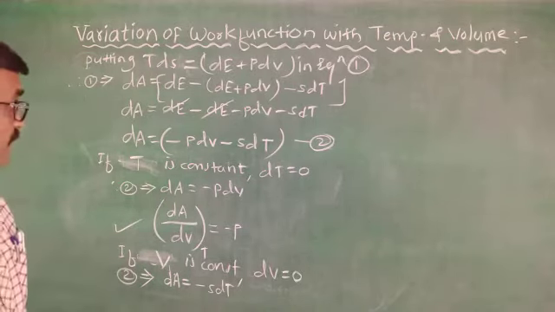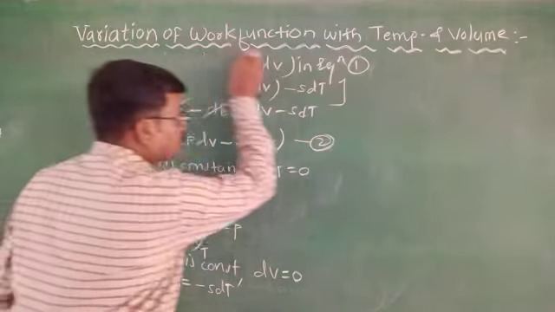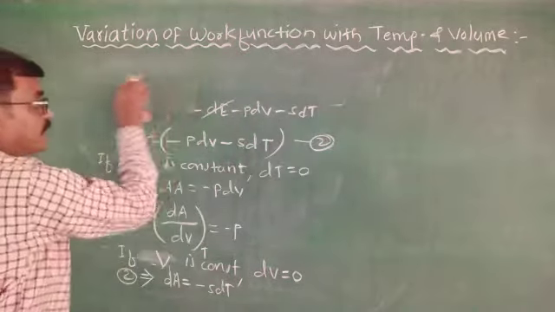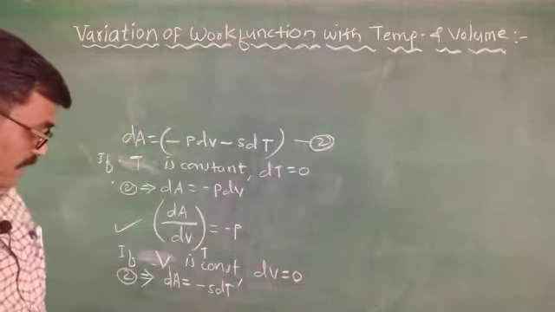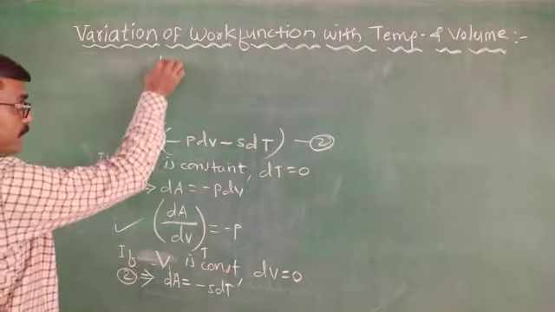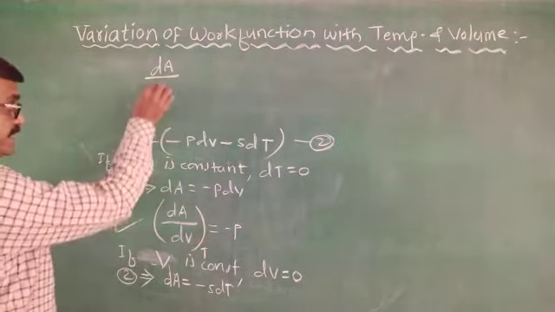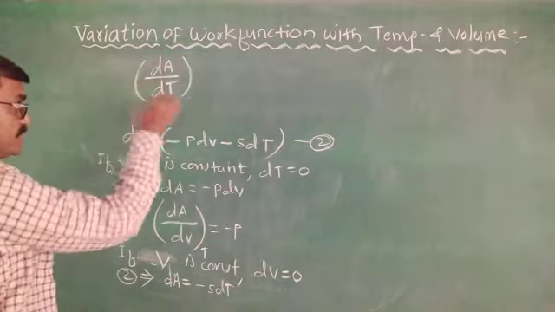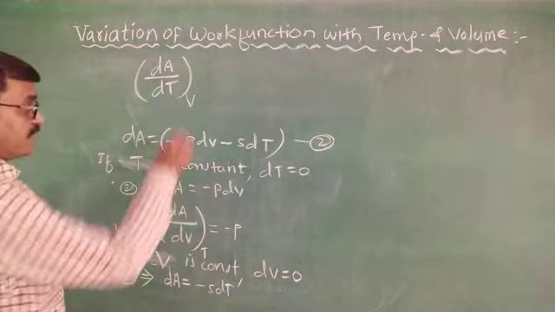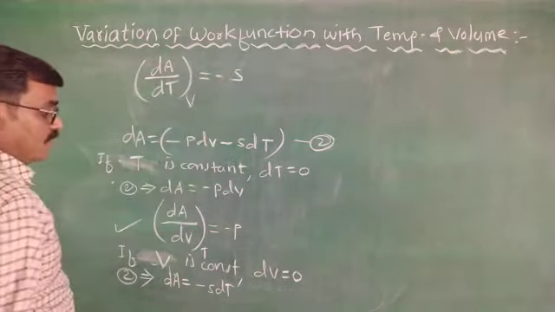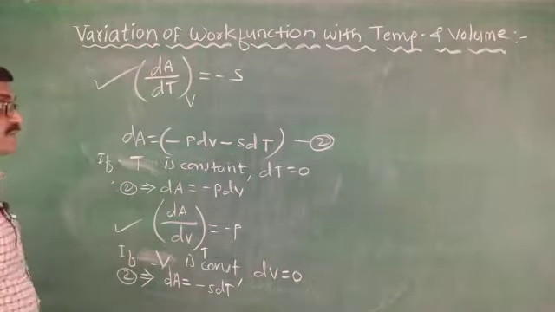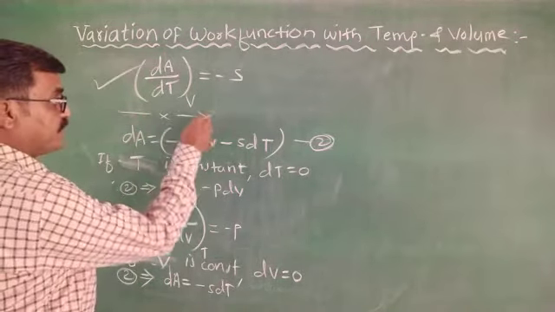Now dA upon dT at constant volume becomes equal to minus S. This is our second required condition.